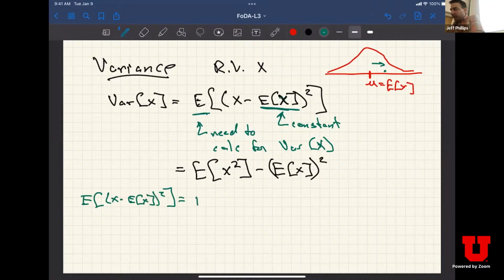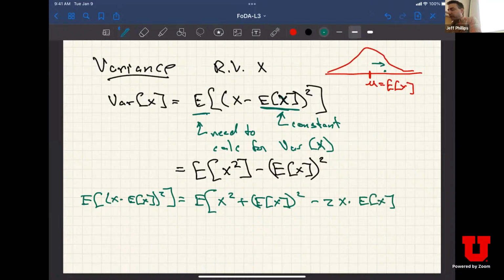I expand the squared polynomial inside of here, right? So I get an X squared, plus the expected value of X squared, and then minus 2 times X times the expected value of X. I've just expanded out the square inside of here.